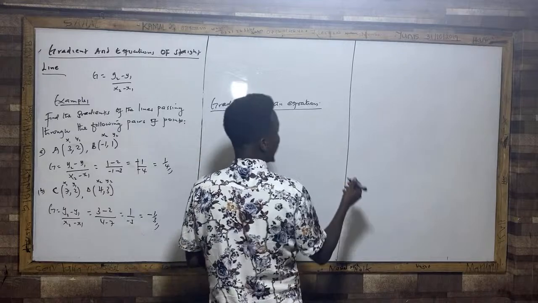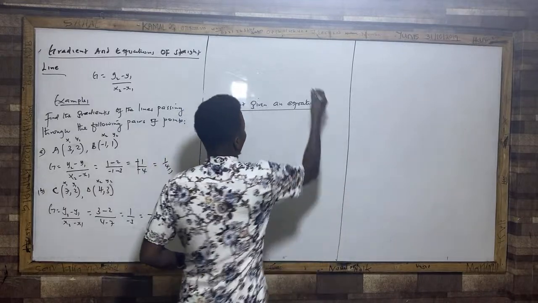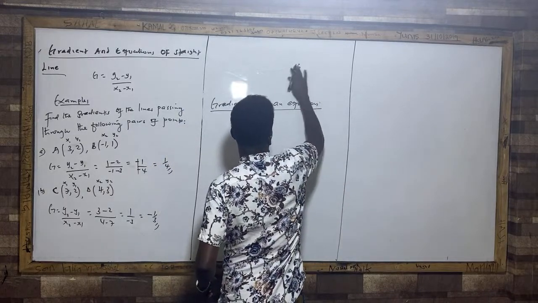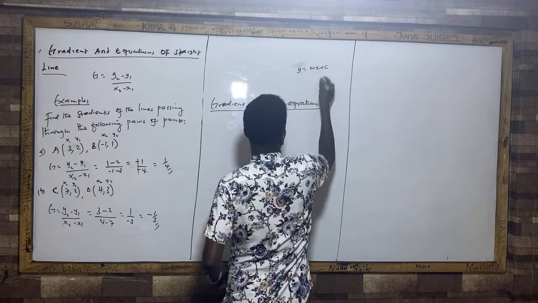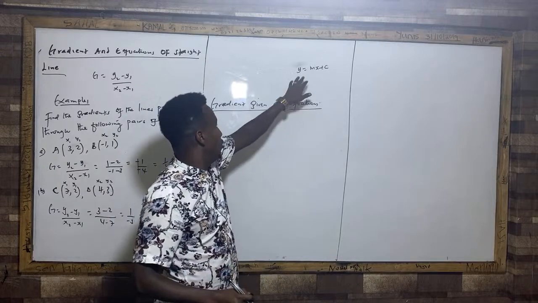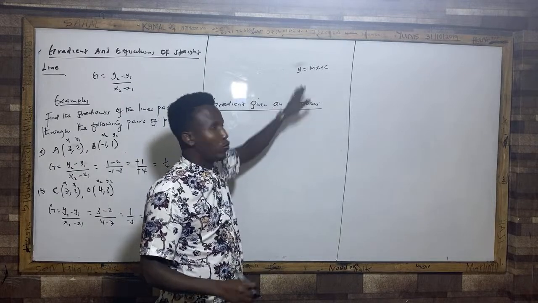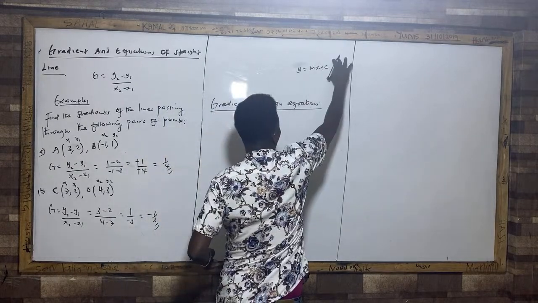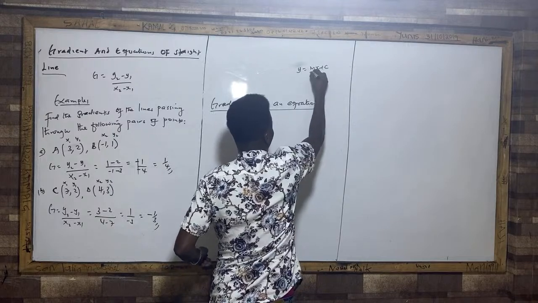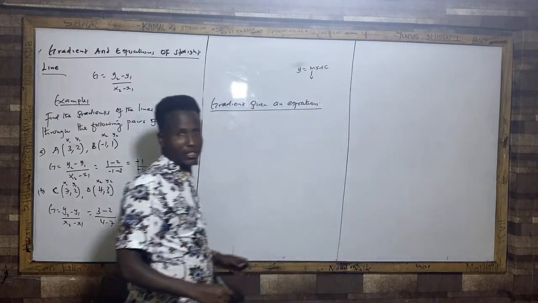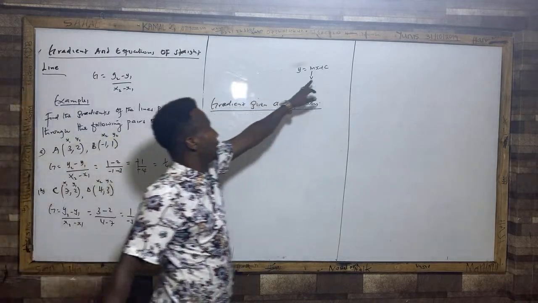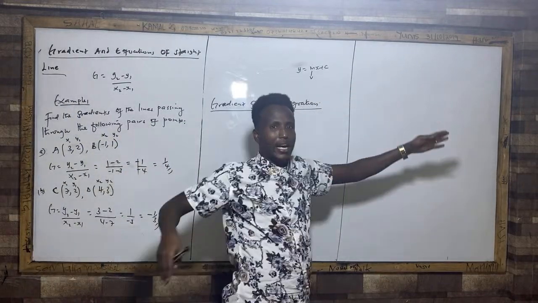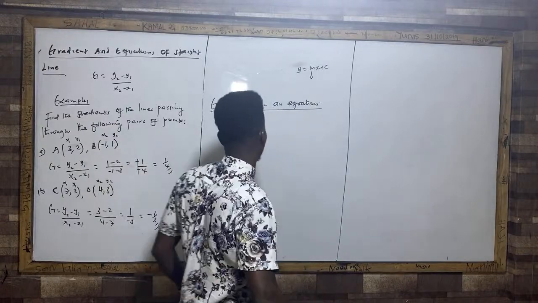That means we make y the subject of the formula. Our gradient will be m, while c is the y-intercept, where the line cuts the y-axis, for information.